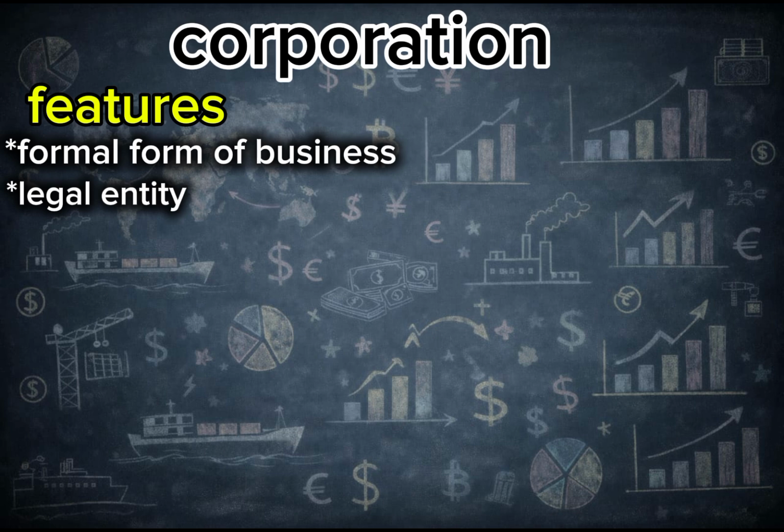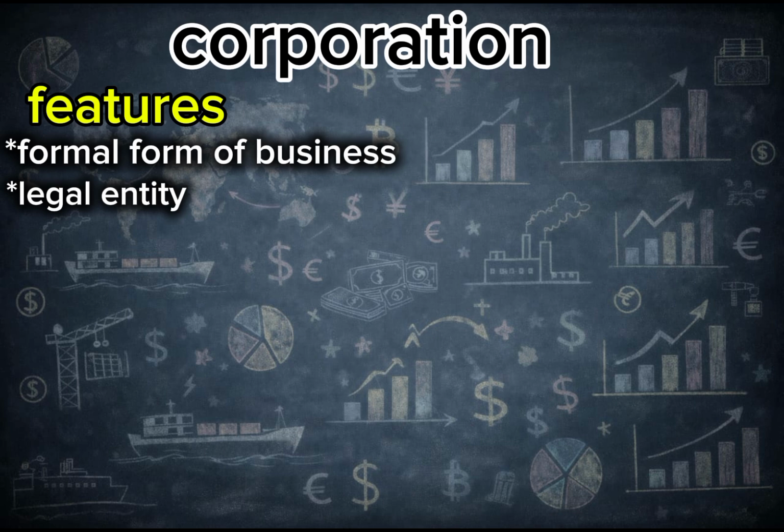That is, the business has a name. It can buy and sell properties in its own name. It can sue and be sued. And it can also enter into any contract with any person or corporation. From this, we can already see it's showing signs to be a complicated form of business to start because of its legal requirements and its legal standing.